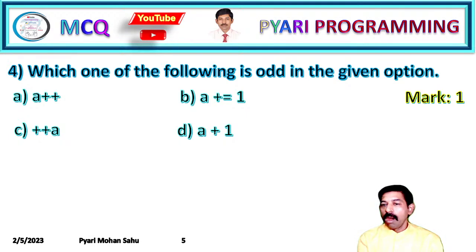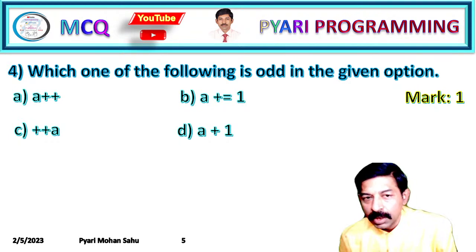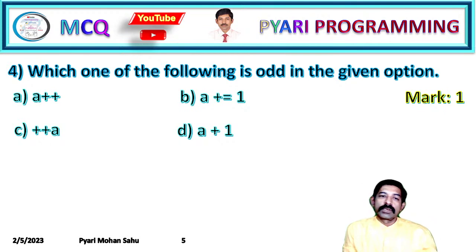D, fine. Can anybody tell me the reason why? D Shravani, A plus 1. Now reason why? I got the answer. If you can explain me the reason, then I will feel that yes, you have understood. Even if the question is twisted, you can answer it. Why option D?